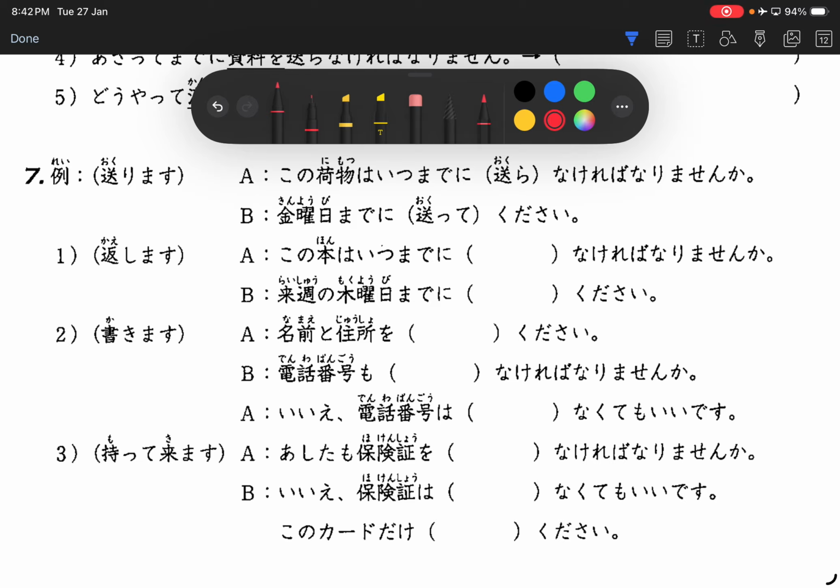Okay, number one. 返します。この本はいつまでに返さなければなりませんか。Is it group 1, 2, or 3?